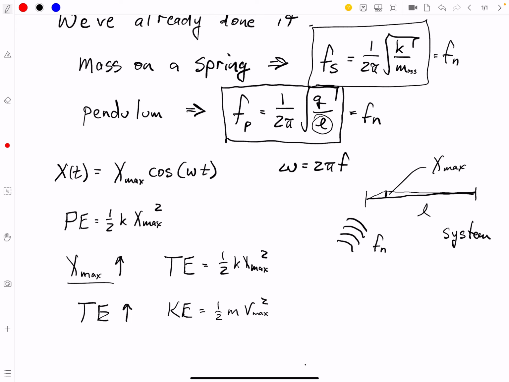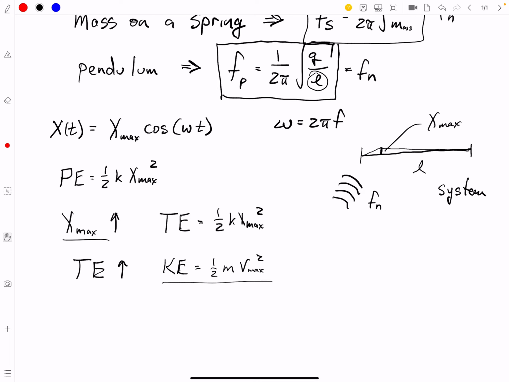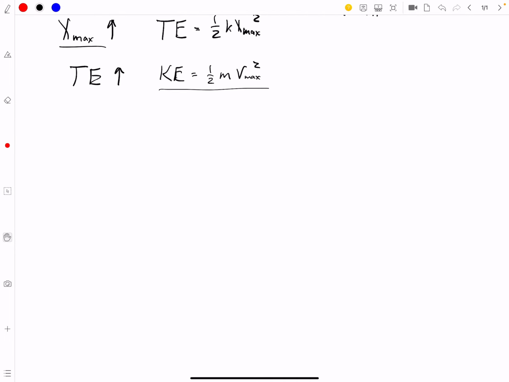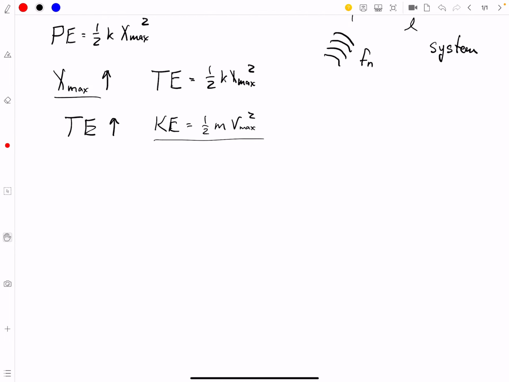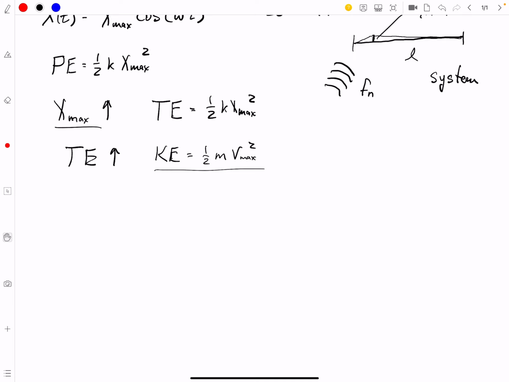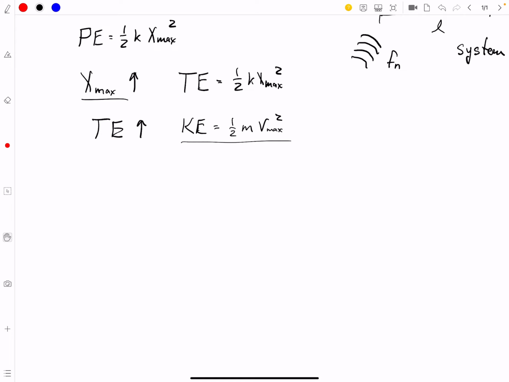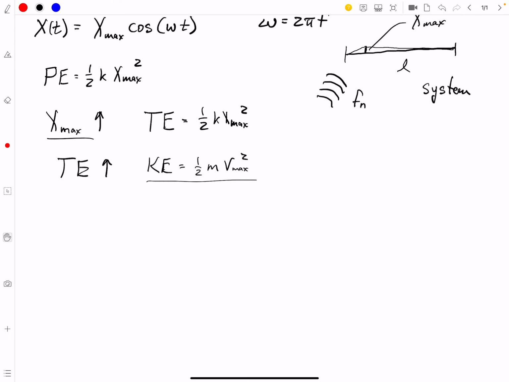And this leads to consequences that we're going to talk about right now. So we have a system that we're driving with sound. The sound is coming in like this and driving that string, okay? Well, what if your string is a bridge?